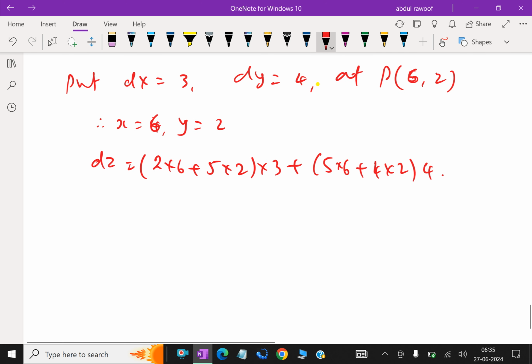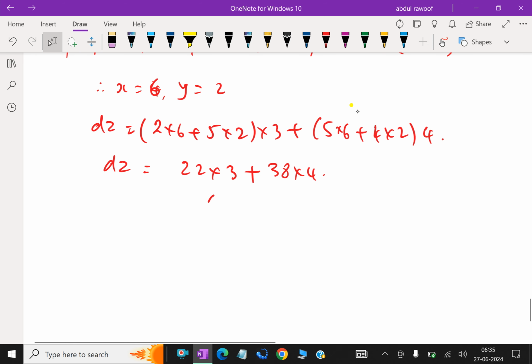We have to calculate this differential of z: 12 plus 10 is 22, 22 into 3 is 66, plus 30 plus 8 is 38, 38 into 4 is 152. So 66 plus 152 equals 218.